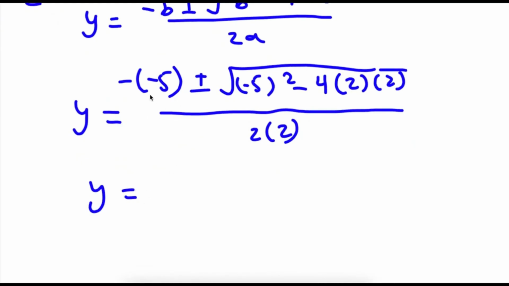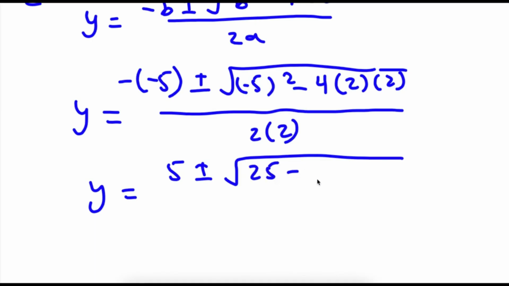Now, to simplify this, I have negative and negative 5, which is going to be a positive because a negative and a negative is always a positive. So I have positive 5 plus or minus the square root of negative 5 squared, which is, again, a negative times a negative is a positive. So negative 5 times negative 5 is positive 25, minus 4 times 2 is 8, 8 times 2 is 16.